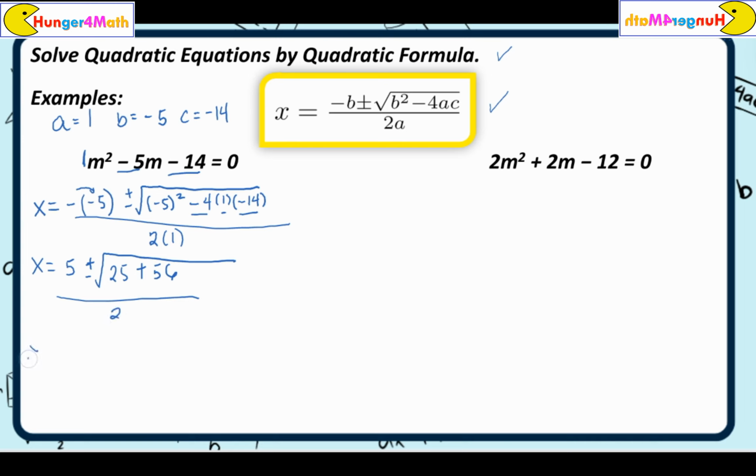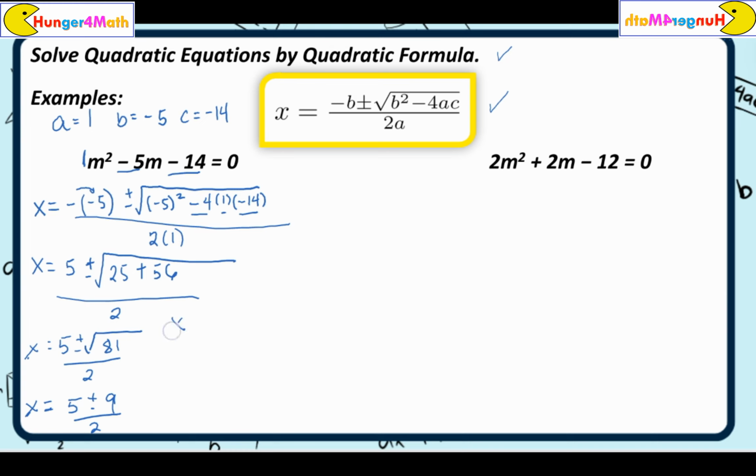Now x is equal to 5 plus or minus the square root of 81 over 2. Then x is equal to 5 plus or minus the square root of 81 is 9, over 2. Then we're going to split the plus and minus.